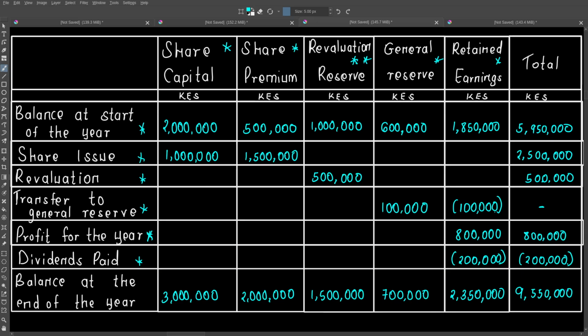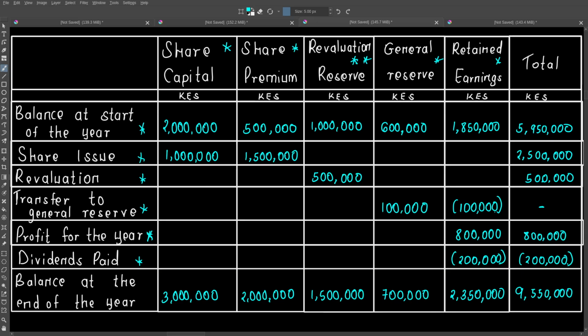Being able to just follow up, first you ask yourself, what are the balances at the beginning of the year? You list them. Then look at the movements. List the movements that have been happening to equity. Remember, you won't find anything on equity in the profit or loss. When it comes to dividends, they come to the statement of changes in equity.